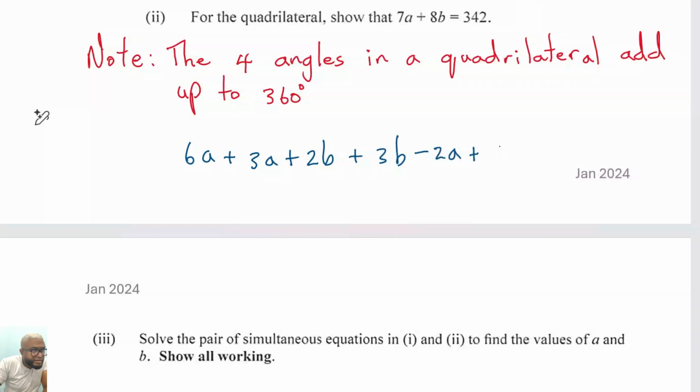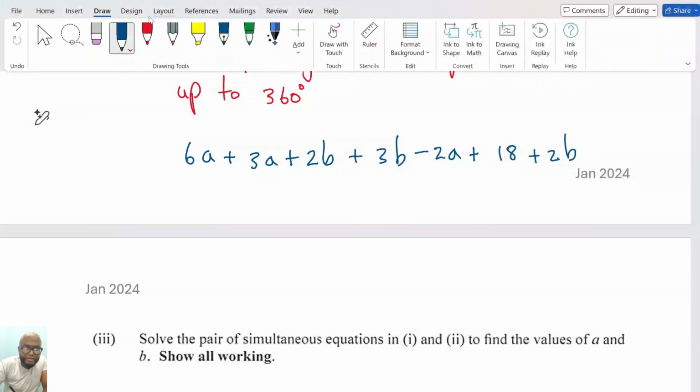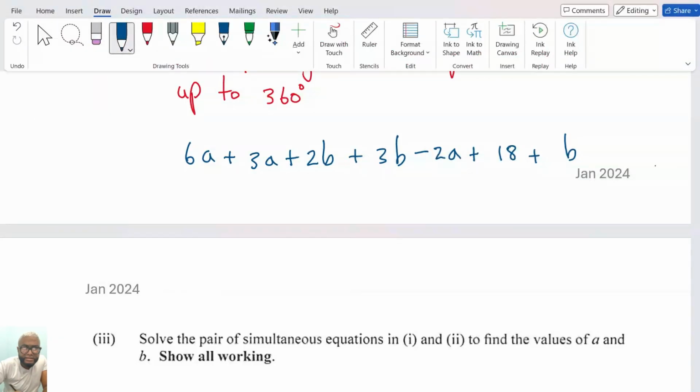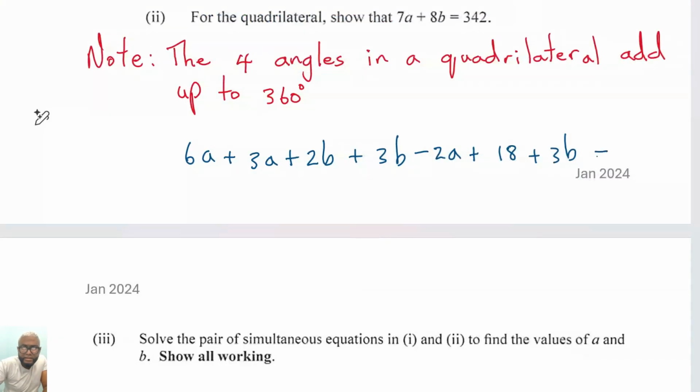Plus 18, plus 2B, 3B. That's it. And this will be equal to 360 degrees.